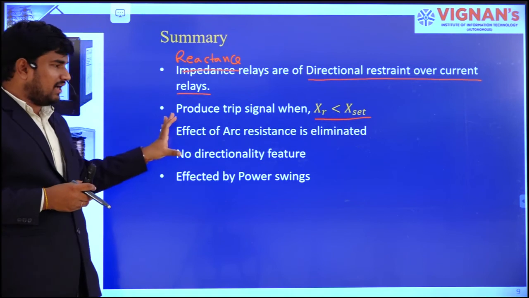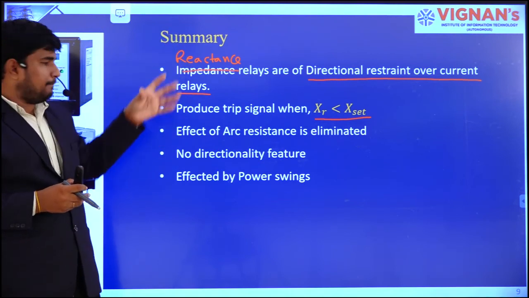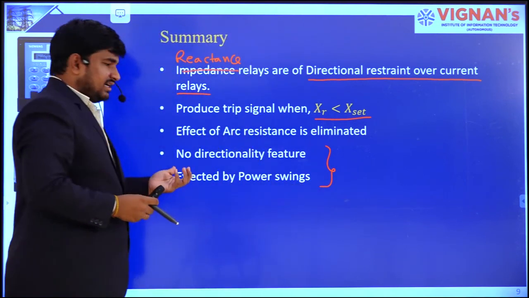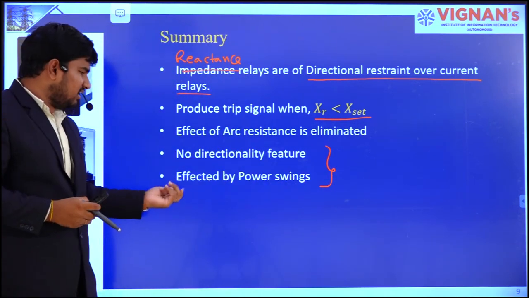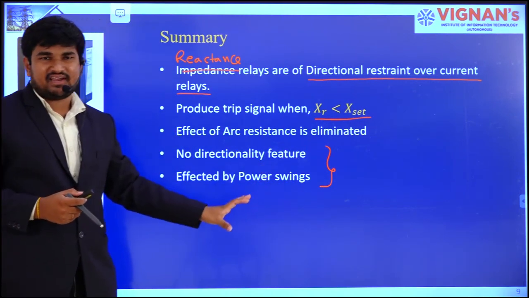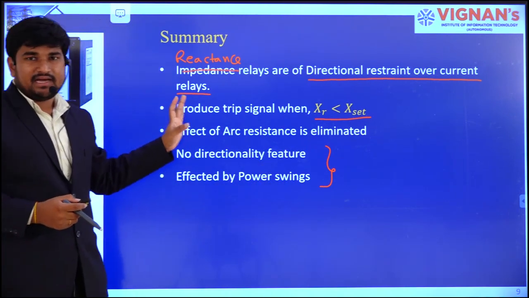That is the only advantage of the reactance relay. But there are two limitations: it does not have any directionality feature, and it is affected by power swings. These two limitations are still there in the reactance type relay.